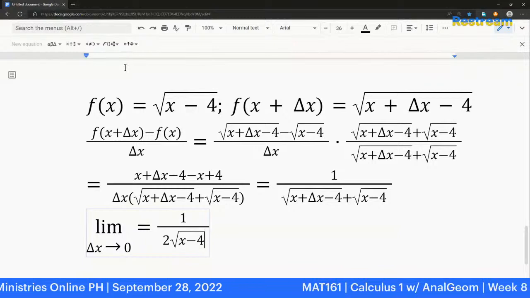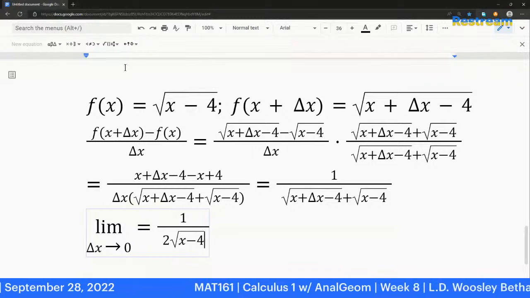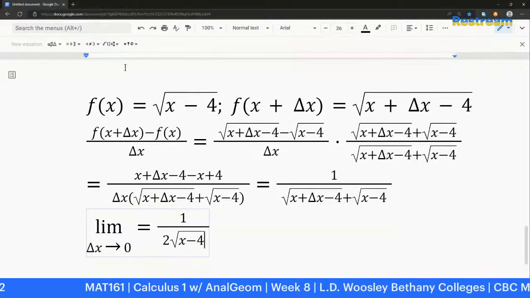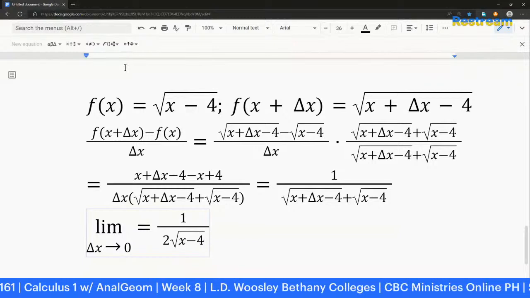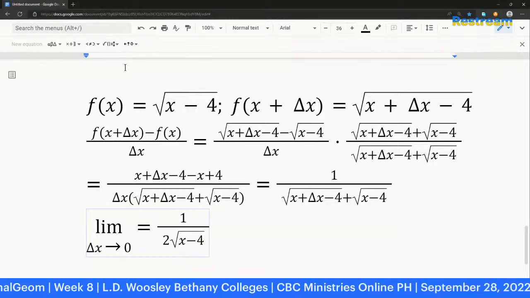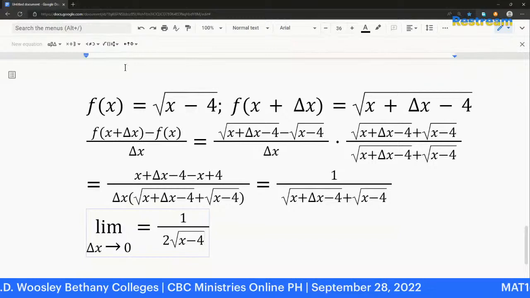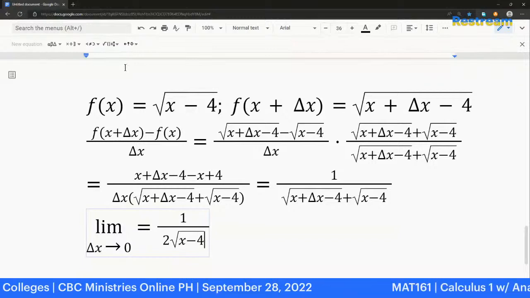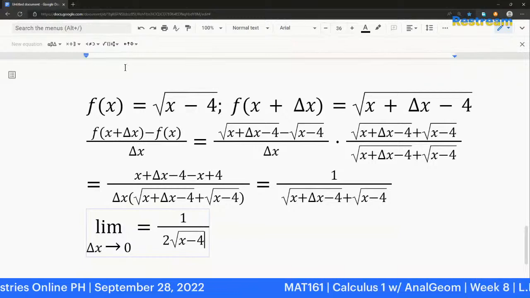Ito yung case na hindi mo na siya ibabato sa numerator, guys, kasi rationalize mo na yung numerator. Baliktad ang nangyari. Pwede pa rin naman i-rationalize yung denominator, pero ako hindi na.